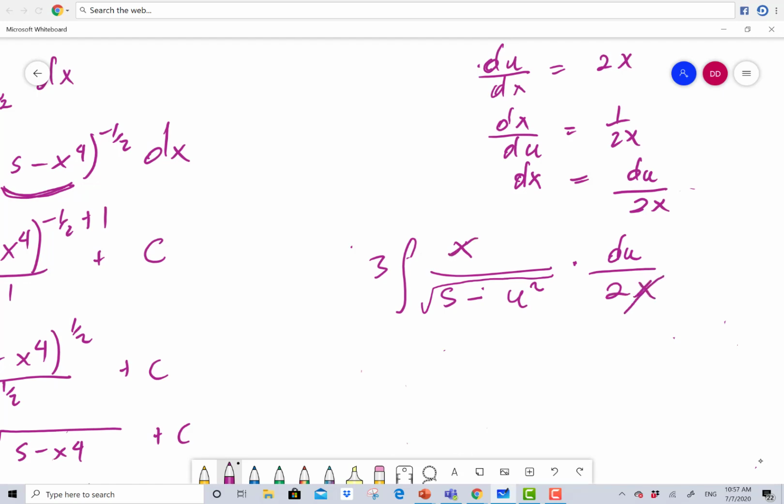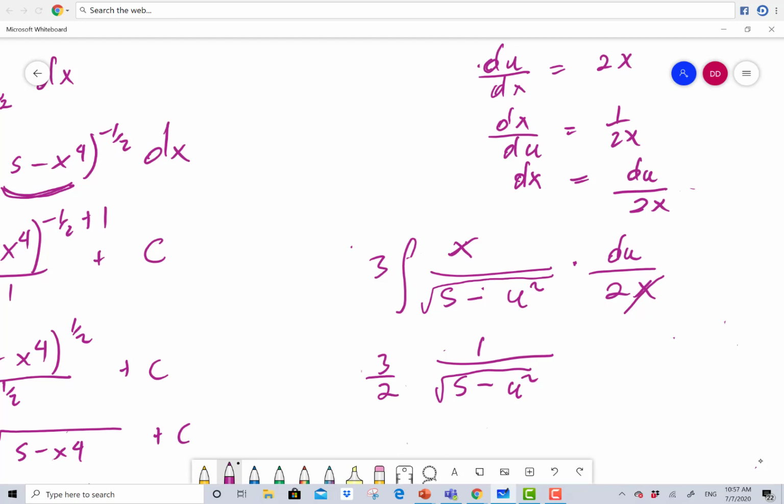The x drops out, so I'm going to get 3 over 2 if I bring that constant out. Now I'm going to have 1 over the square root of 5 minus u squared.